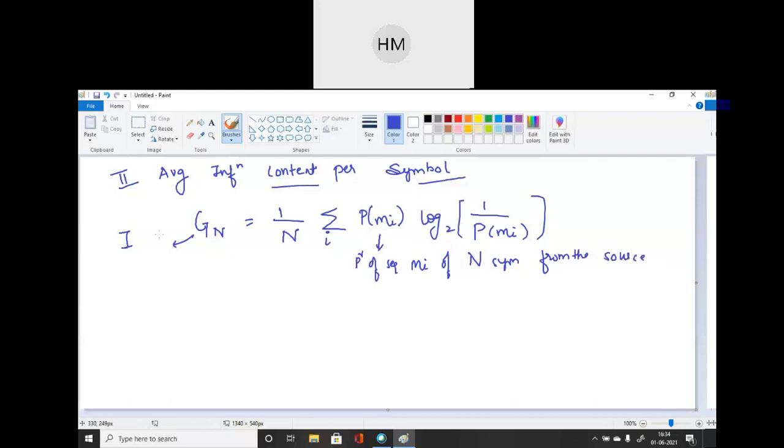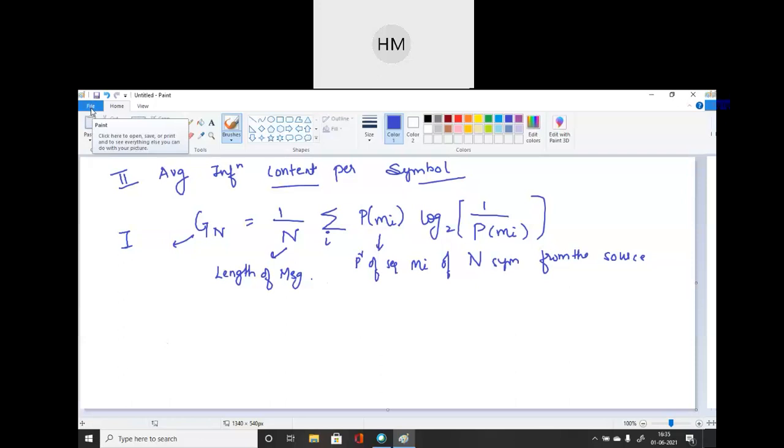And what is capital N? N is the length of message. Clear? It could be 2, it could be 3, it could be 4. Length of message. So this finishes all the basic concepts of Markov source. If you want to ask anything, you can ask. Now we will simplify one numerical based on this topic.